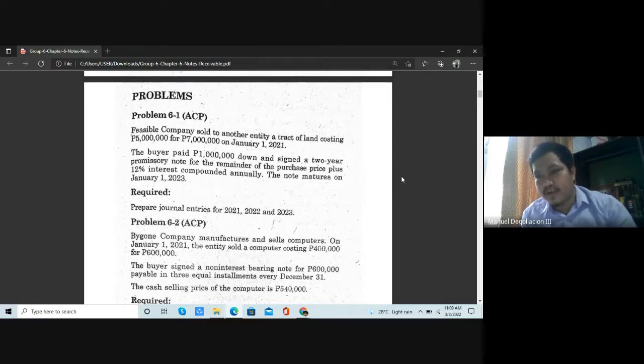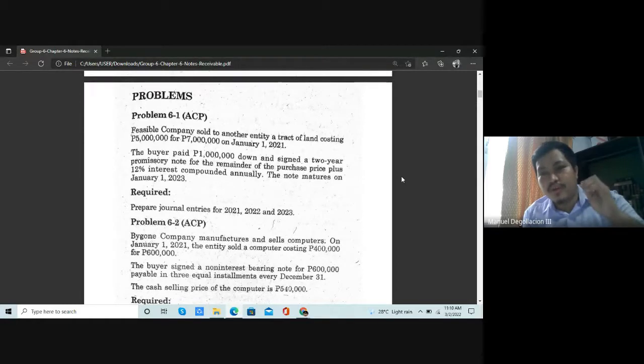Since the normal balance of your accumulated depreciation is a credit, when you sell off the machinery, your entry should include a debit to your accumulated depreciation. But we do not have that here because your land does not have any contra account. So the entry would be very simple. Of course, you will be crediting the land.